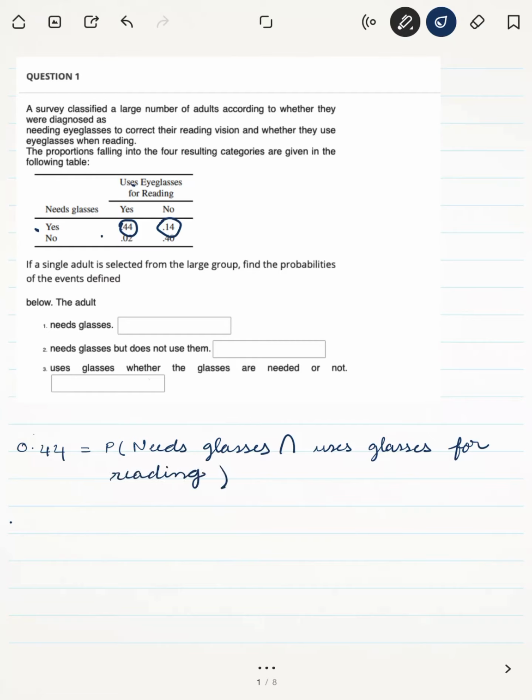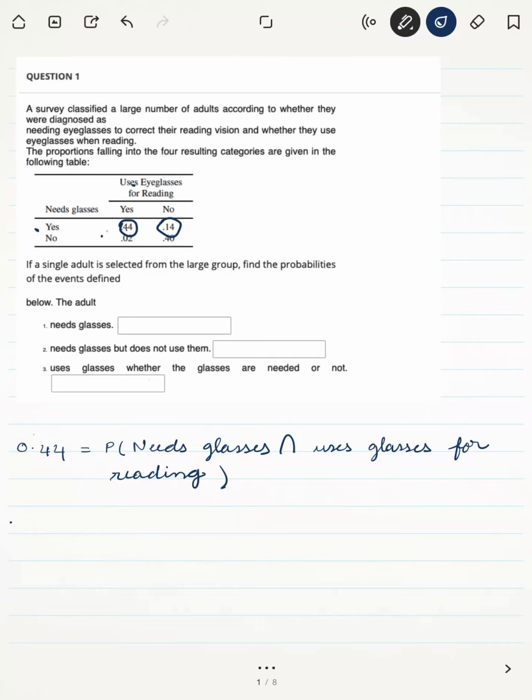So this is what we mean by the probability, or by the value, in any cell. This probability is obtained by dividing the count of this cell by the total of the sample.